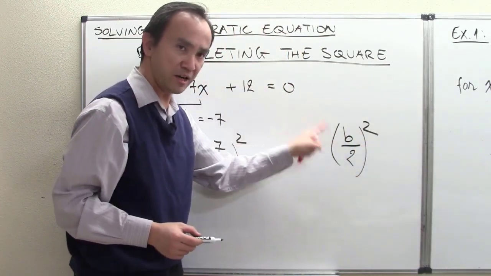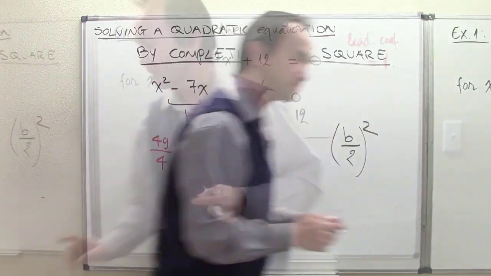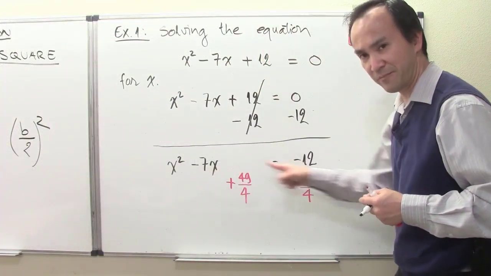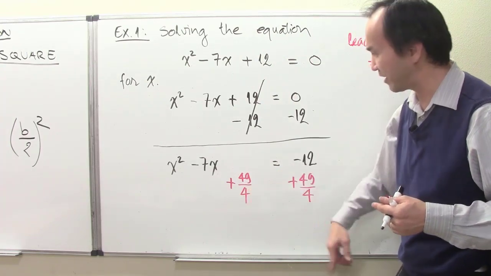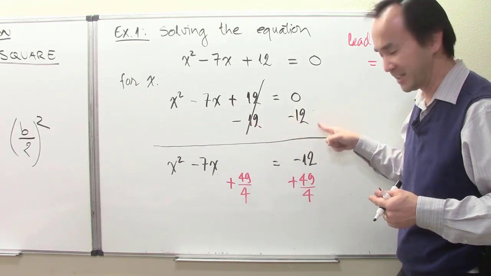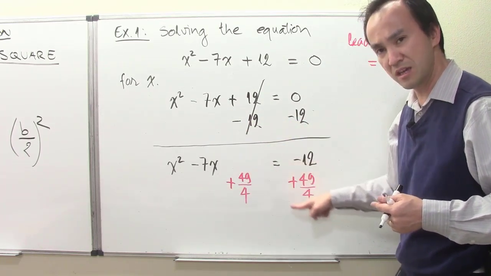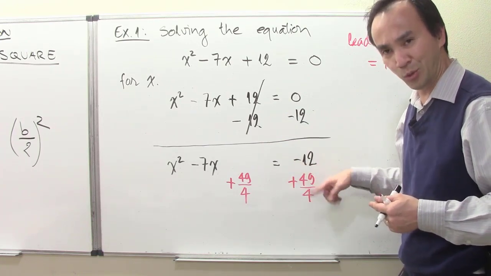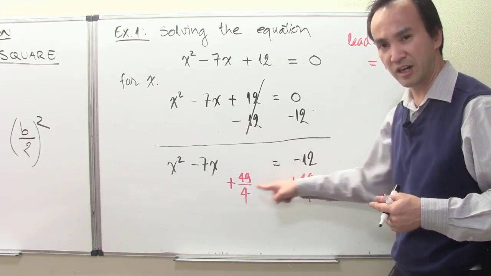That's the value you're adding to both sides of your equation in this step. Let's summarize what has happened up to this point. From our starting equation, I subtracted the constant term from both sides. Then in the next step, I added that magic number, which came out from b over 2 all squared, to both sides of our equation.